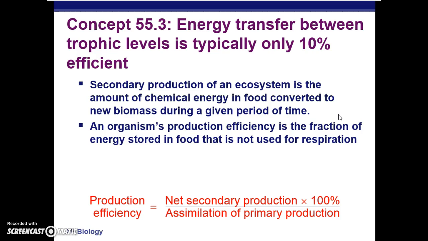The energy is stored in the form of this biomass that is now available for the primary or secondary consumer, the primary carnivore, who's going to eat the herbivore. An organism's production efficiency is the fraction of energy stored in the food that's not being used for respiration.